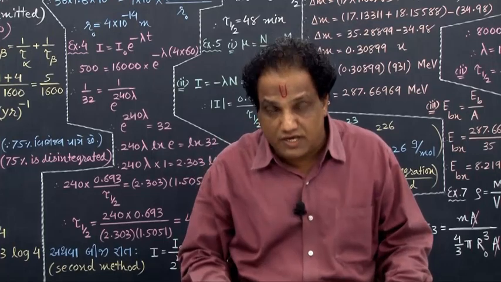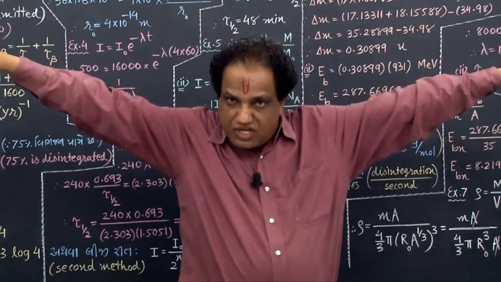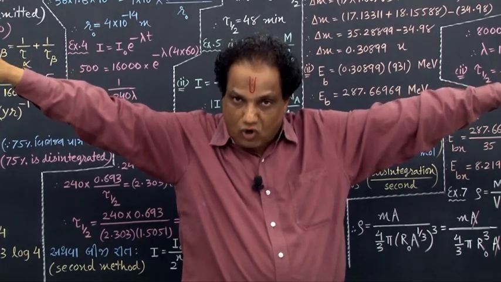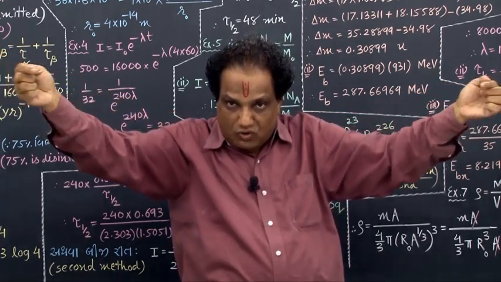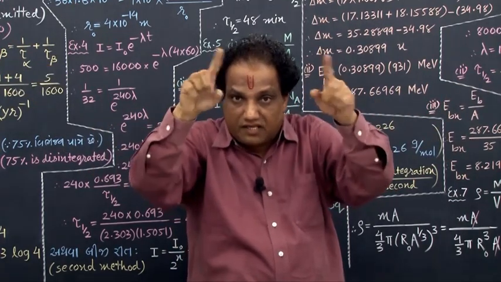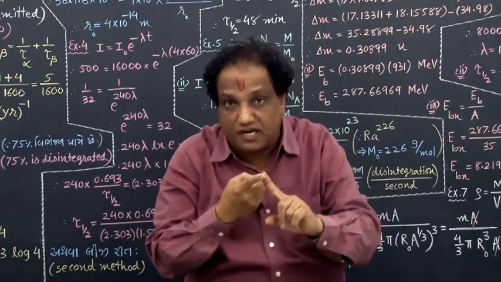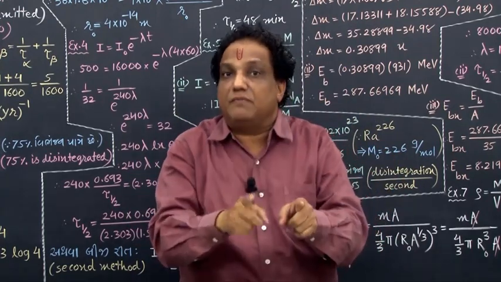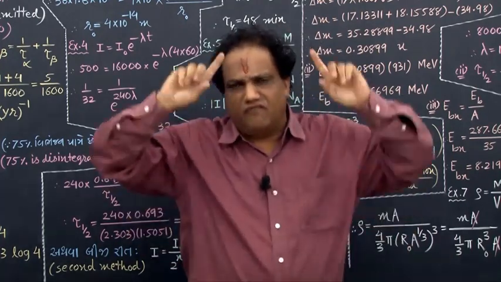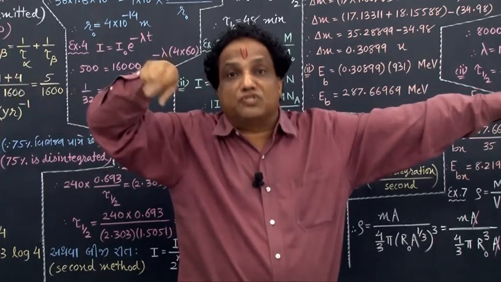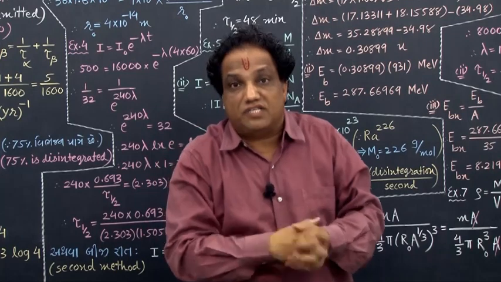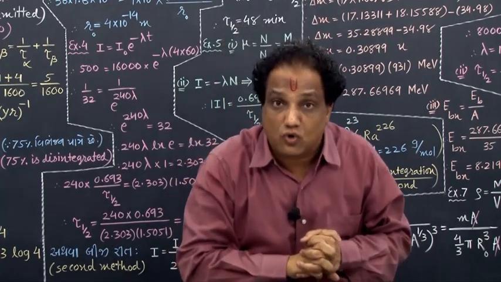Here what happens actually, when the two protons are very far from each other, they have initial kinetic energy 18 kilo electron volt, but when they come closer and closer, finally at the distance of closest approach, their kinetic energy has become 0. So there is a decrease in kinetic energy, but at the same time there is increase in electrostatic potential energy, because when they were very far, the potential energy was 0, and now at distance R0 between them, the potential energy formula is K Q1 Q2 upon R0, correct?